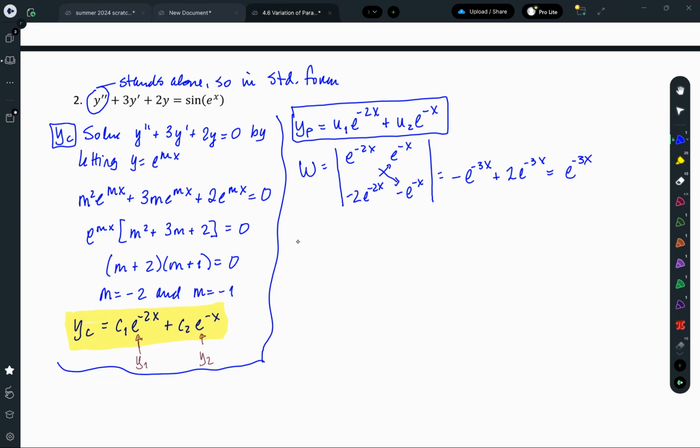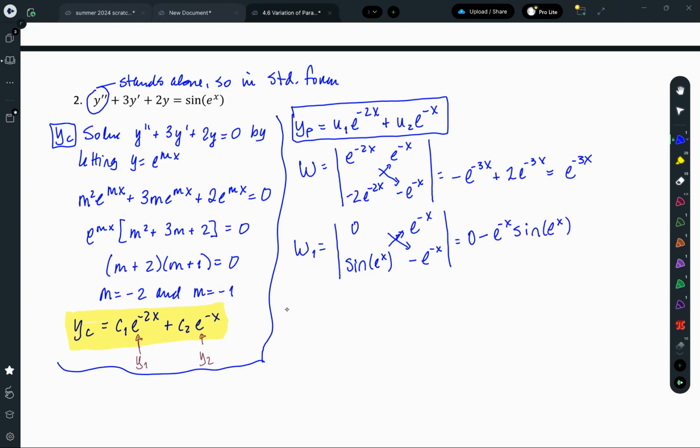Okay, W1 will be a determinant where we change the first column to be 0 and sine of e to the x. The second column remains the same as it was in W, which is e to the minus x and its derivative, minus e to the minus x. When I take my determinant, I get 0 minus e to the minus x times sine of e to the x.